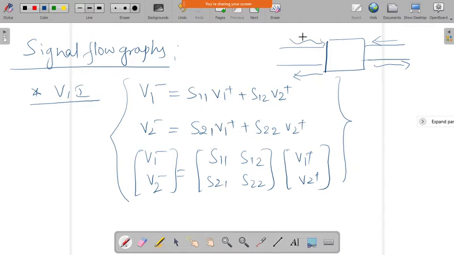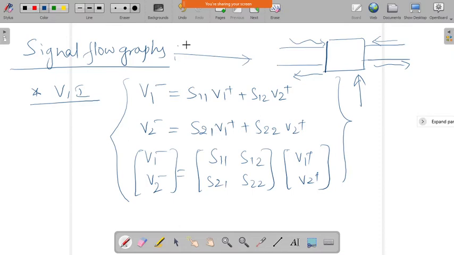But if you want to know how the signal flows from one point to another, we can use one more technique, called the signal flow graph. This is nothing but a graph with which we can see how the signal flows from one point to another.